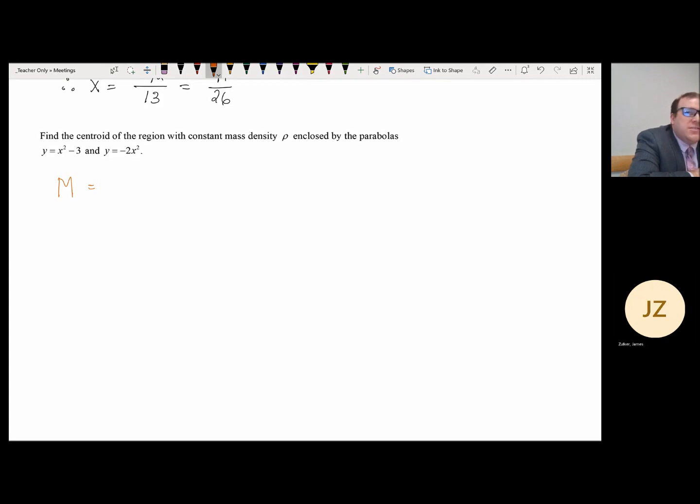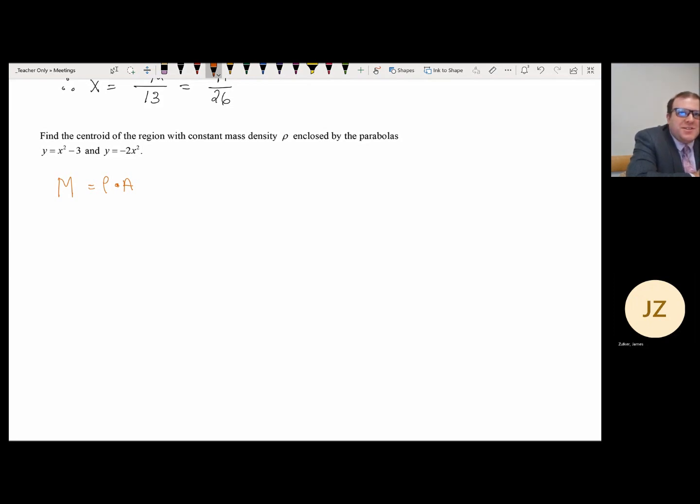So total mass is density times area. Since we're dealing with constant density, that makes this simple.